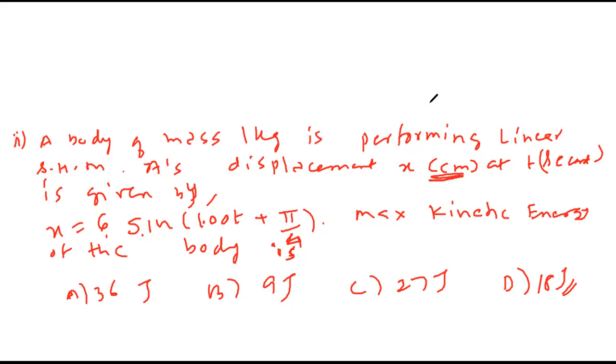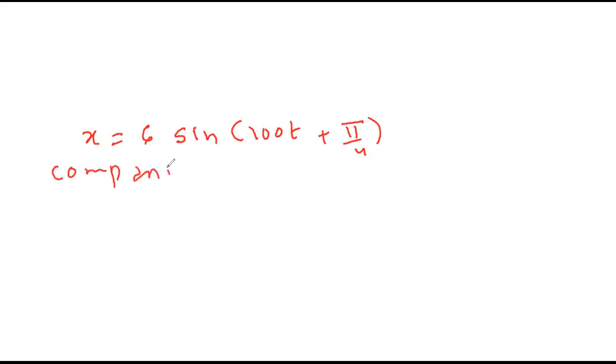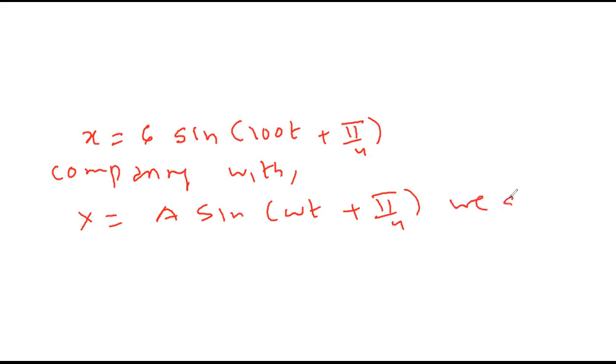See, whenever an equation is given, here they have given x equals 6 sine (100t plus pi by 4), always try to compare. Comparing with the general equation of SHM, x equals a sine (omega t plus delta).